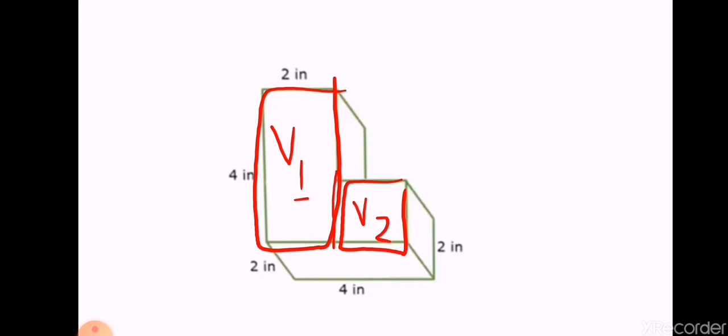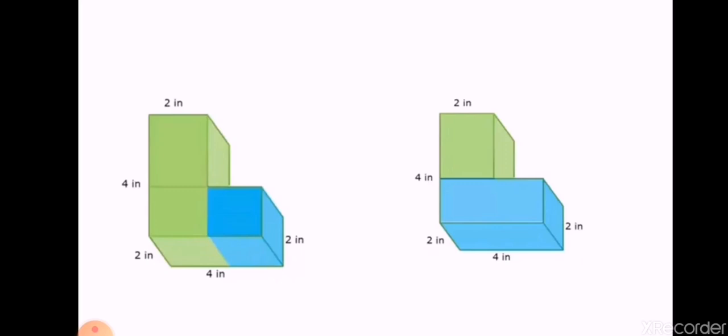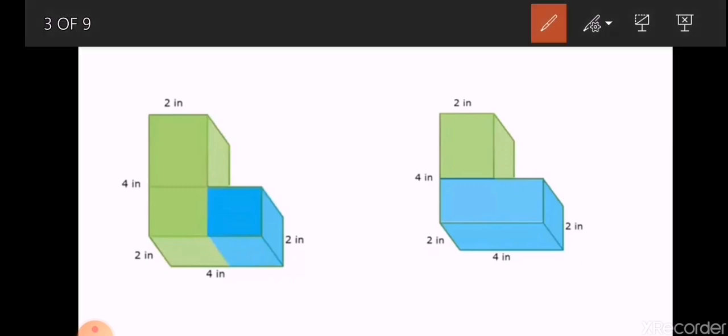Let's see how I can cut the shape. I can cut it in many ways, so I want you to try to imagine how you will cut your shape. For example, our shape here, I can cut it vertically or horizontally. The two ways will be correct.